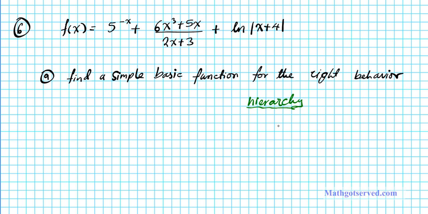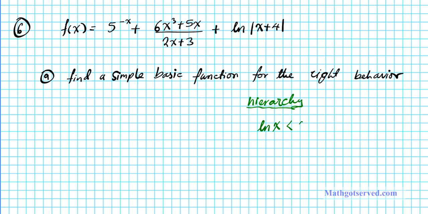You want to know the slowest growing function that you're dealing with as x tends towards infinity. These are functions that are increasing. Ln x increases to infinity, but it's the slowest out of the growing functions.